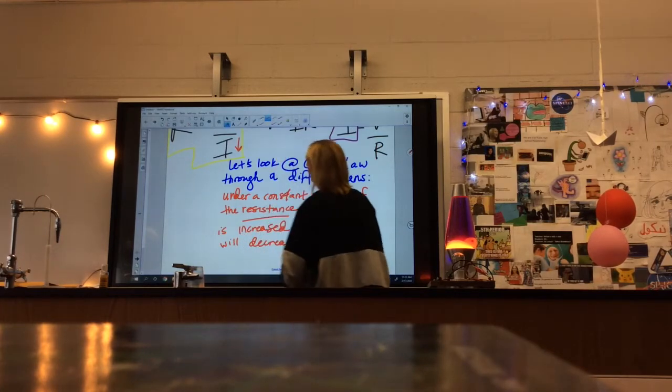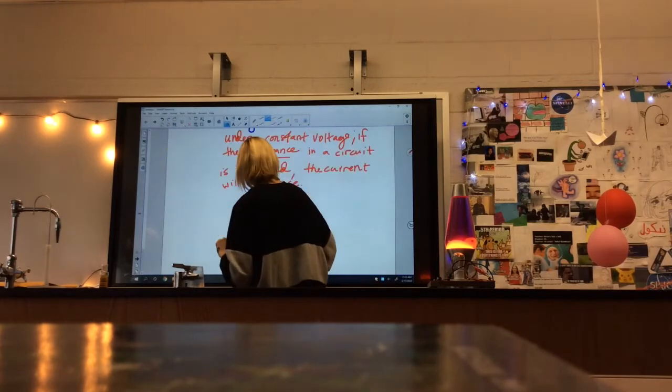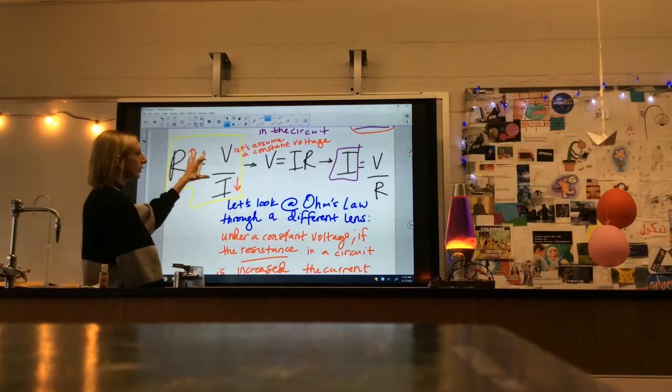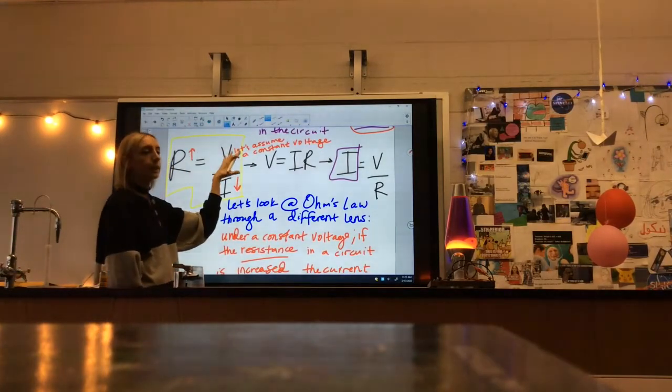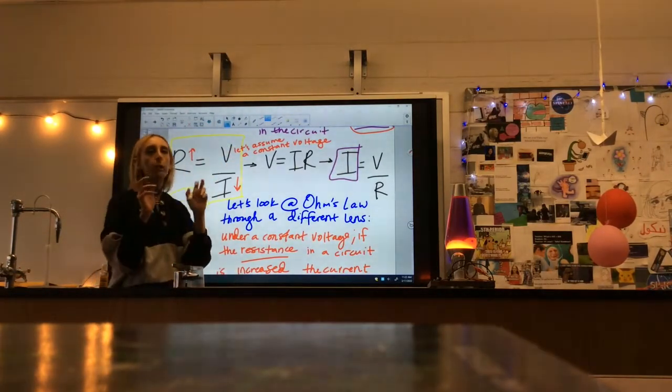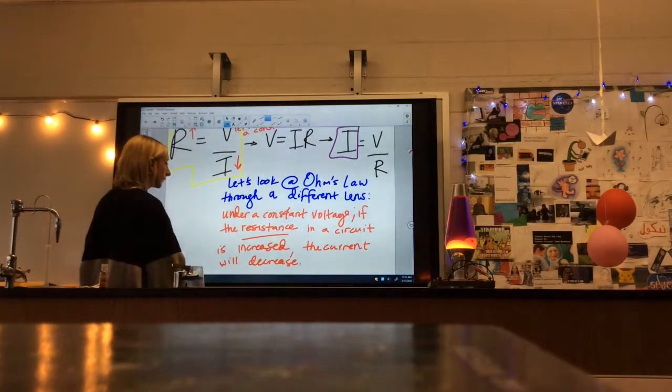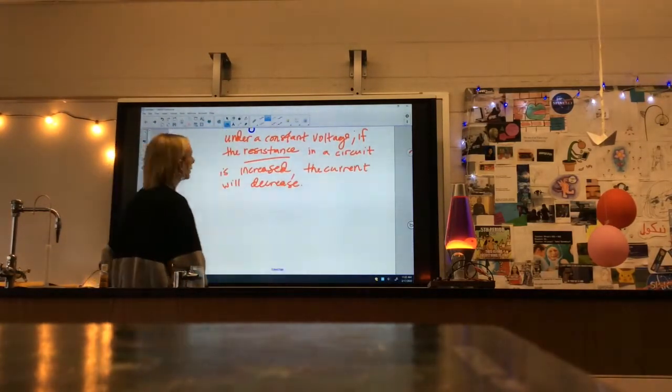Okay. So anything that follows this relationship that we've seen right here is defined as an ohmic resistor, or just an ohmic resistor.